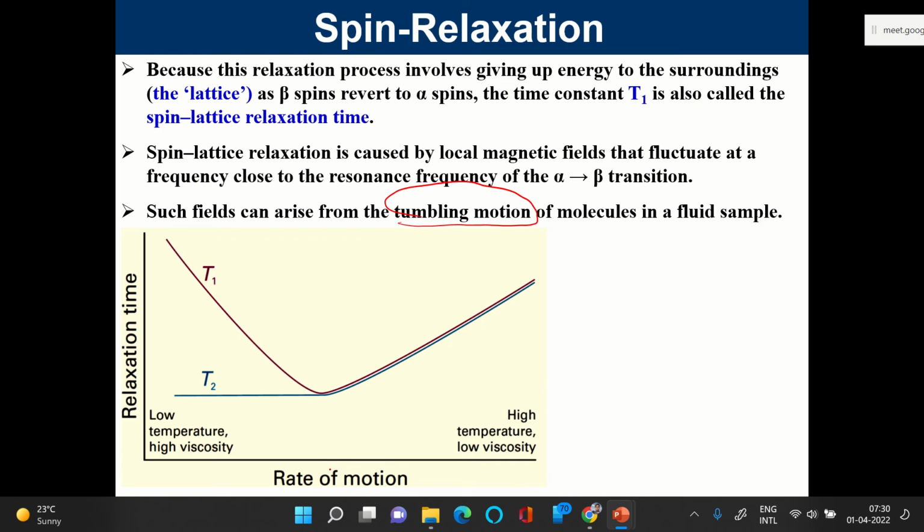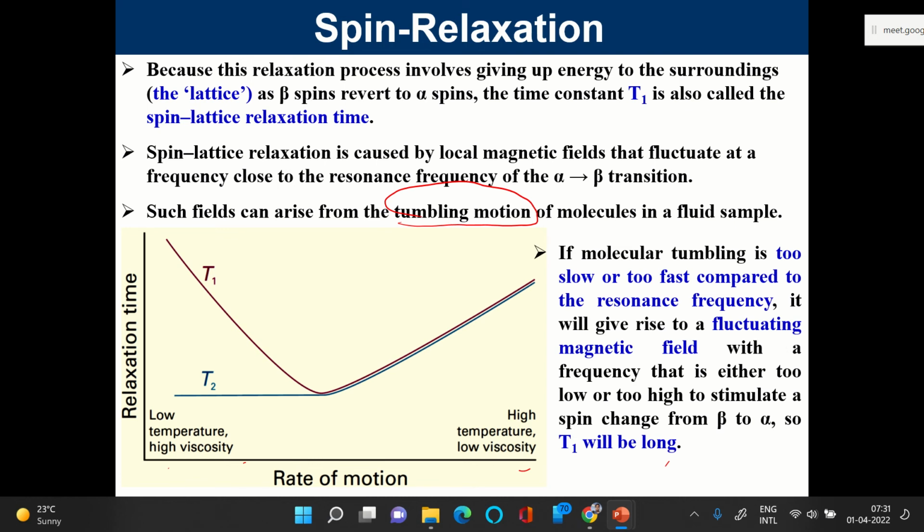So you can see the rate of motion: very slow tumbling of the solvent molecules, fast tumbling of the solvents. The tumbling of the molecules will affect the thing.